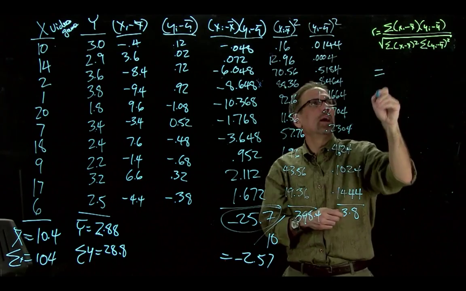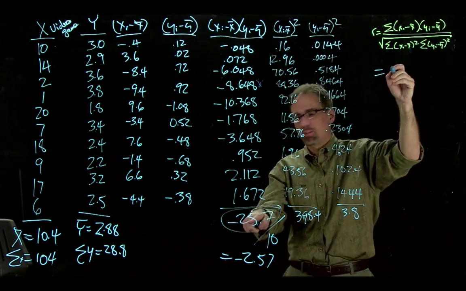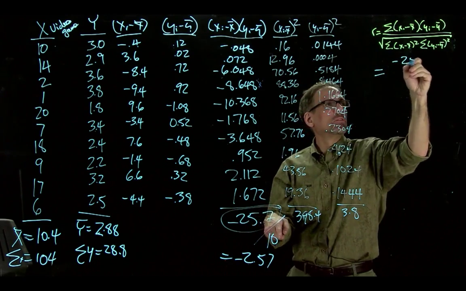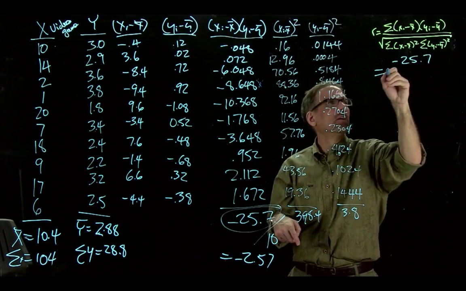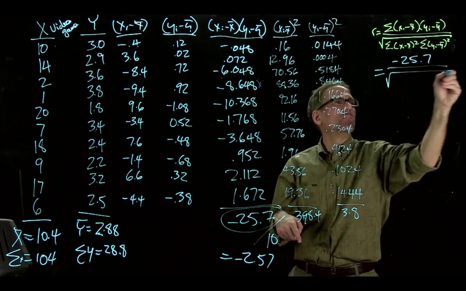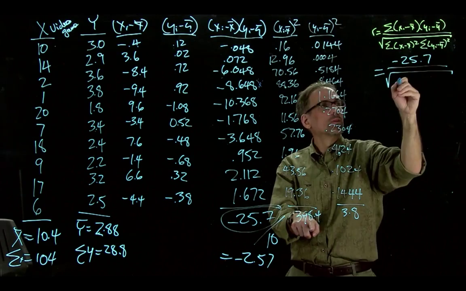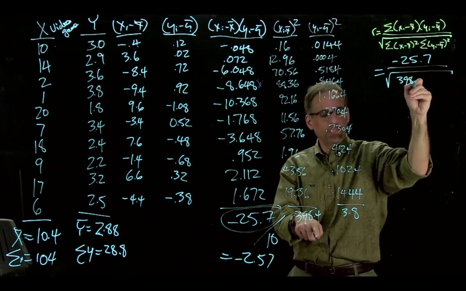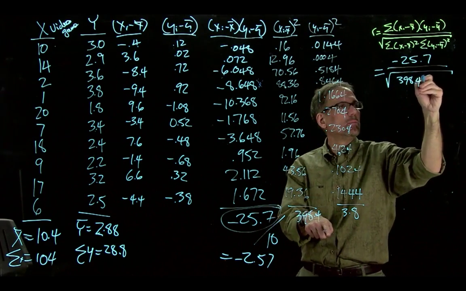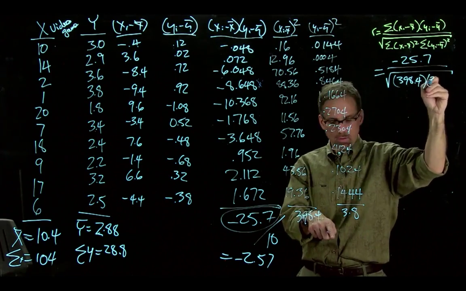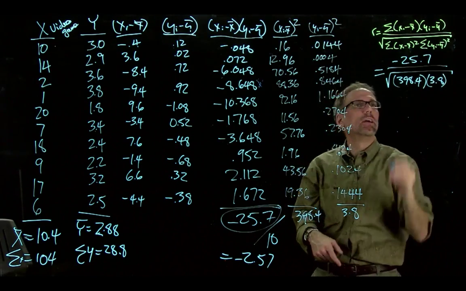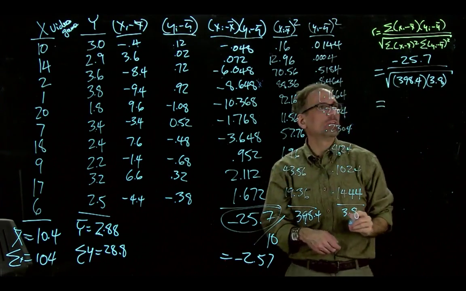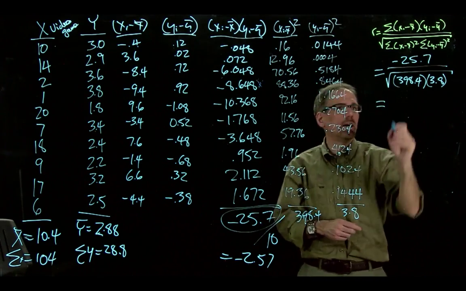So what we have now is this upper part, which is negative 25.7, and then the lower part we've got 398.4 times 3.8. Right? And so I just got to calculate that through, and it's going to give me r.